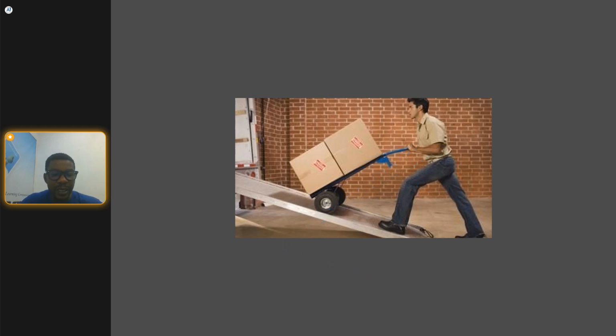So I believe you understand now that machines are made to make work easier, faster, and convenient. Simple machines are devices that make work easier, faster, and convenient. I believe that is clear to us.